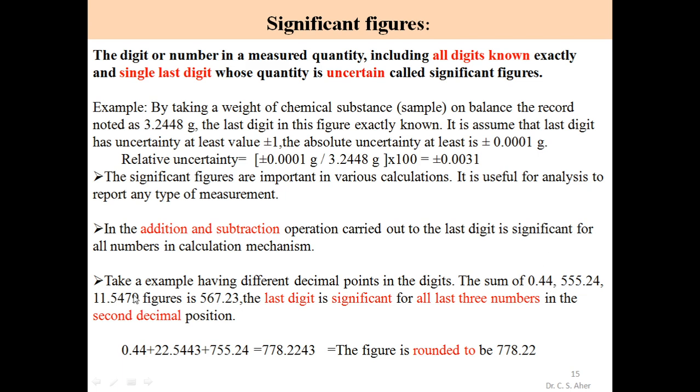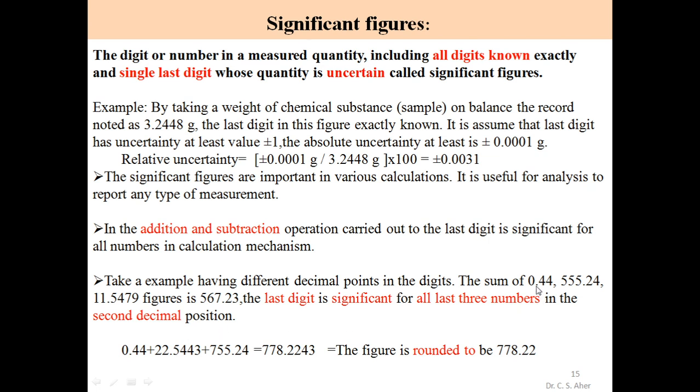The summation is 567.23. The last digit that is significant for all these three numbers is the second decimal position.